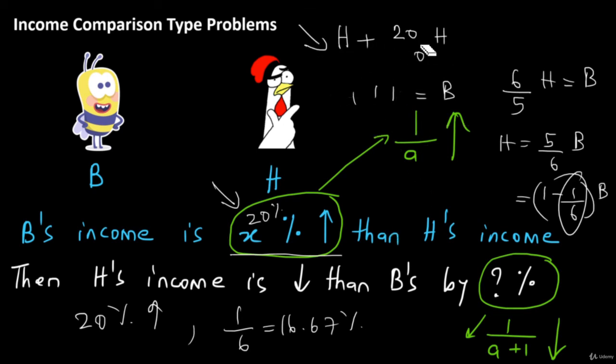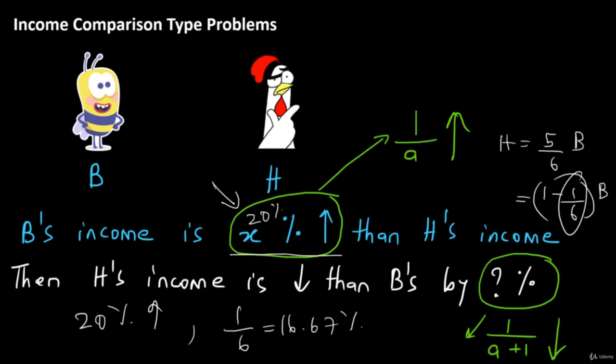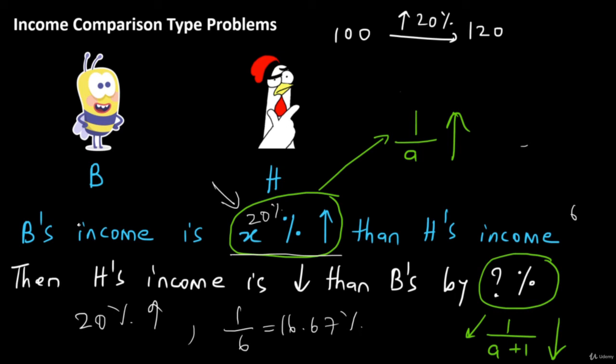Now let's also think of it in one more angle, because it always helps to approach a problem in multiple dimensions. All right, so let's assume that the salary of h is equal to 100. Now if the salary of h is equal to 100, then if you want to find b's income, you need to increase that by 20%, right? That's what we've assumed over here, and you get 120. Now if you want to know by how much h's income is less than b's income, that means you have to go from 120 to 100, right?